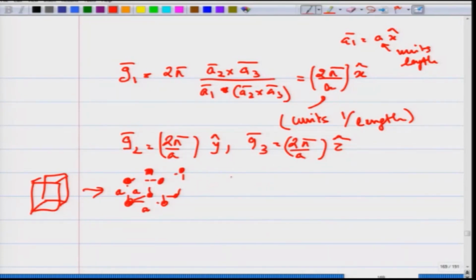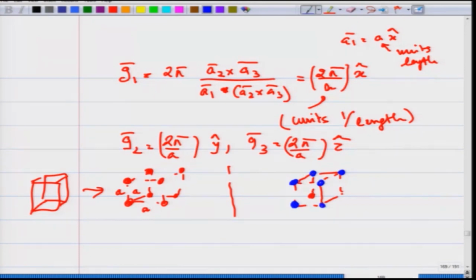But you can also generate using G1, G2, G3, which is also a square lattice, another set of points. Let me draw it in blue.